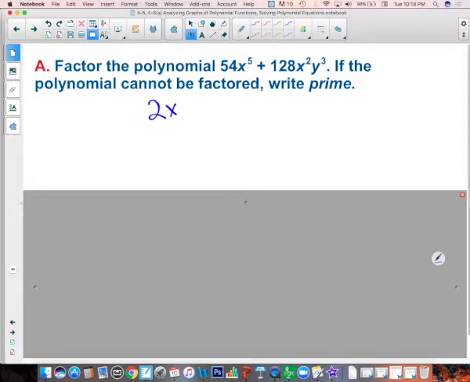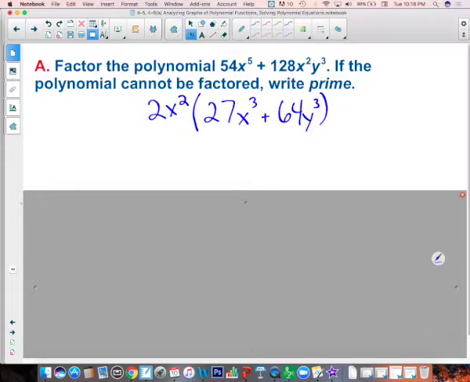We can take out x squared. That leaves me with 27x cubed. That one is good for my pattern, but we have to see if we get that on the second one. 128 divided by 2 gets me to 64, and we took out the x squared, so we have y cubed. Now we really have the gears grinding here. 27 and 64, are those both perfect cubes?